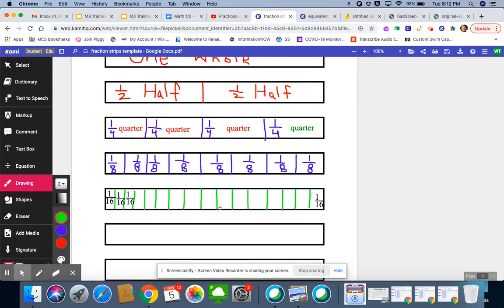I want you to take this next slip of paper, and I want you to think okay, I have a candy bar, and we are going to share this between 3 people. So you're going to take your paper, you're going to take the 2 ends, and meet them into the middle, and then fold it down.